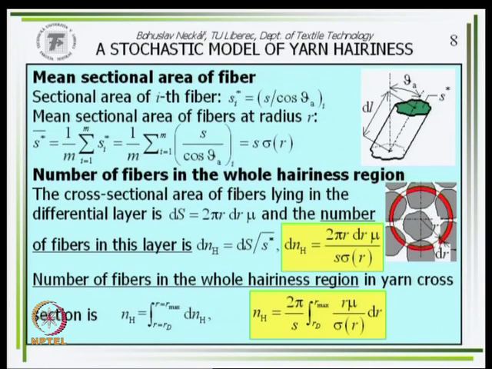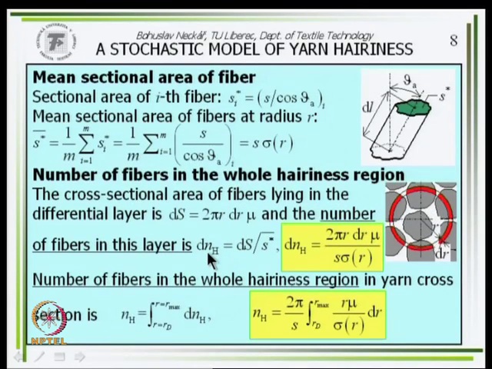Similar logic was in the helical model when we derived the number of fibers in the yarn based on the idea of the ideal helical model. So the number of fibers in this layer is dn h, which is the fiber area, this red area ds, by S star bar, the mean value per one fiber section.